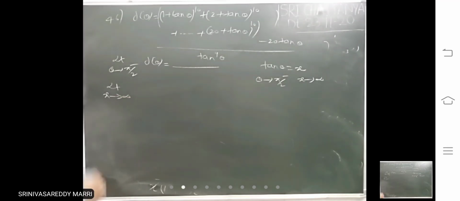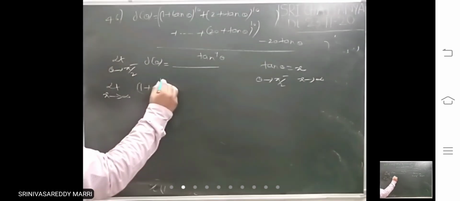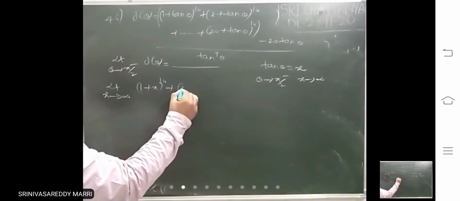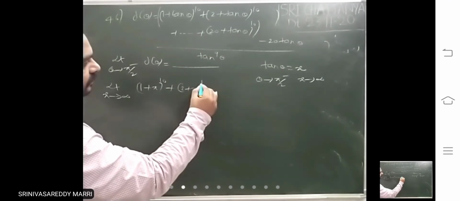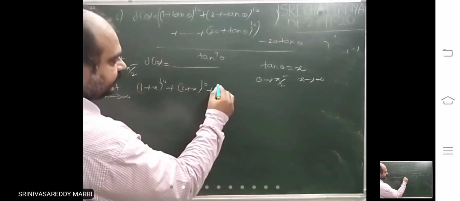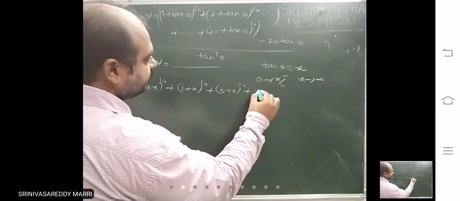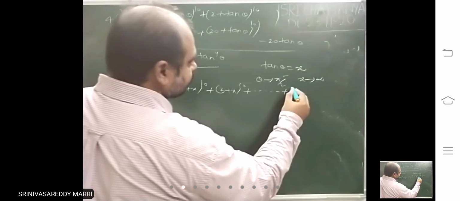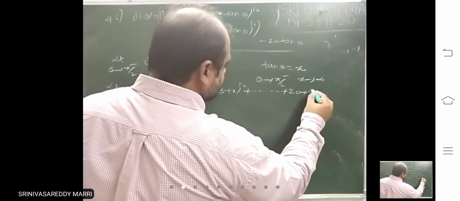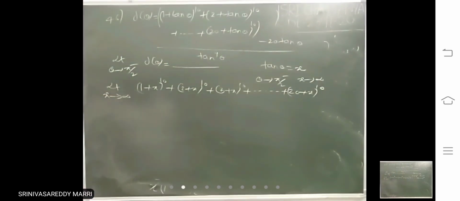Limit x tends to infinity: this is (1 plus x) whole power 10, (2 plus x) whole power 10, next (3 plus x) whole power 10 plus and so on, (20 plus x) whole power 10.